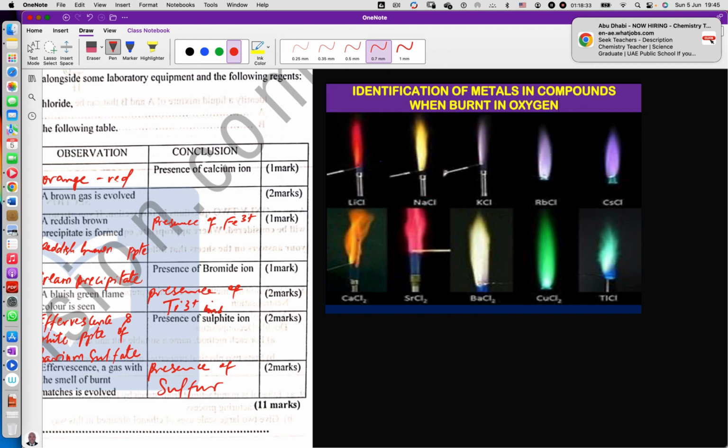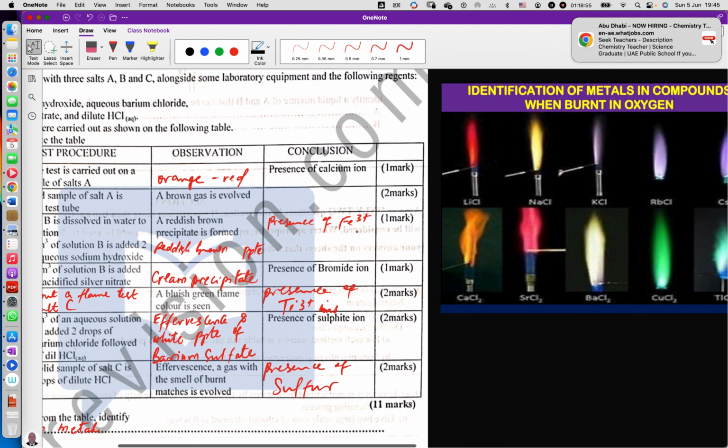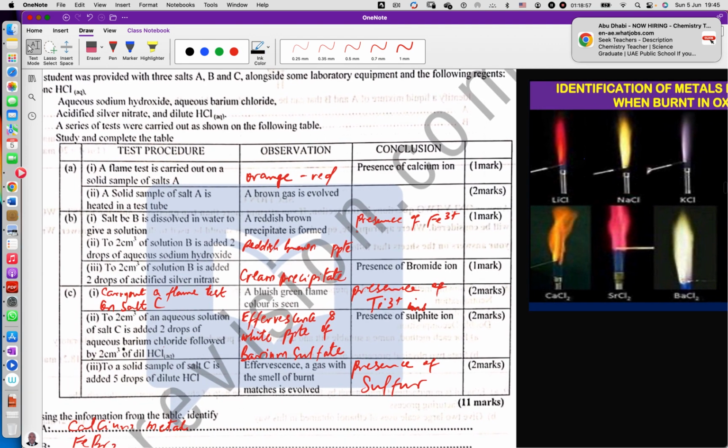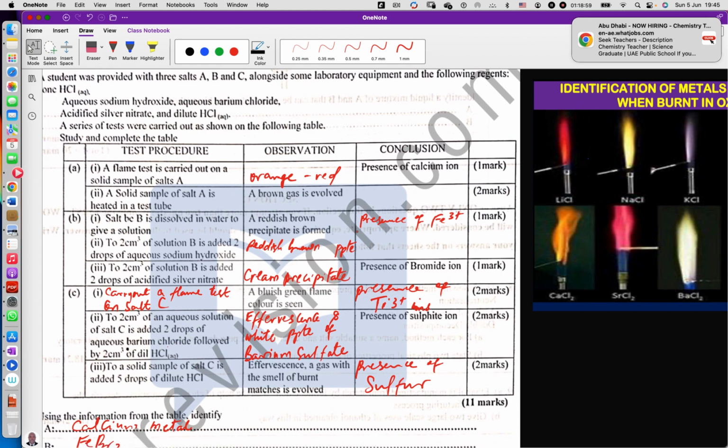The ions of the metal are what give out this color, not the halogens. So here it is calcium chloride salt, but it is the calcium ion that is giving the orange red color.